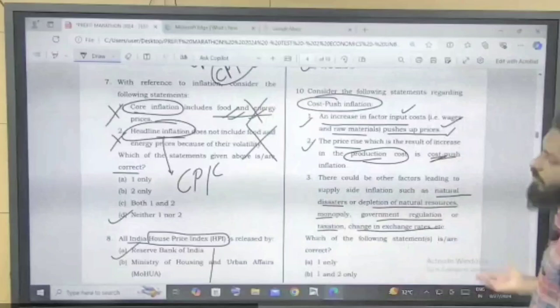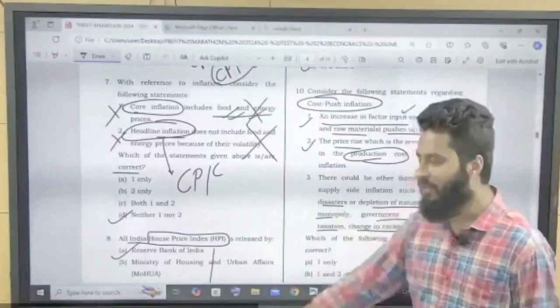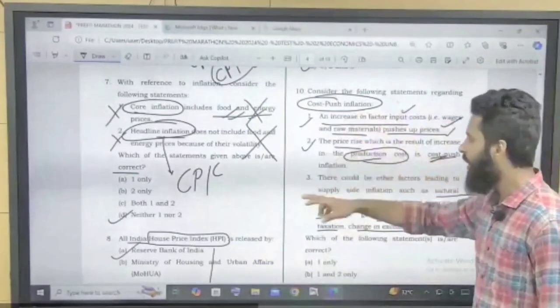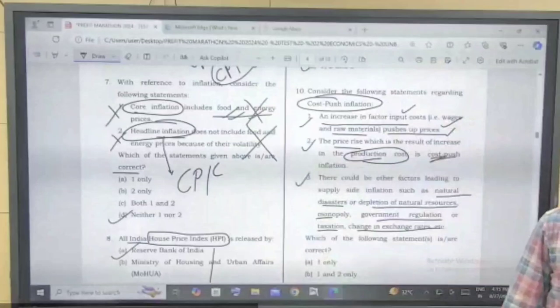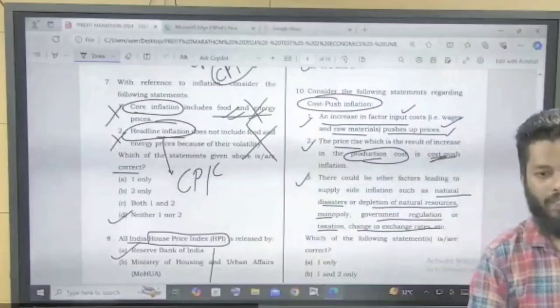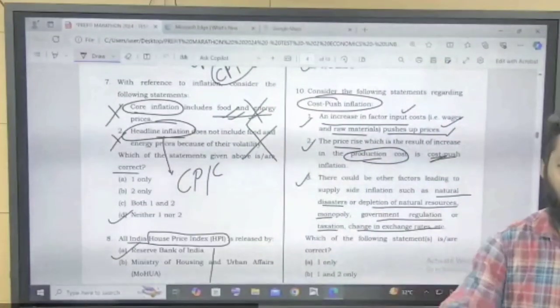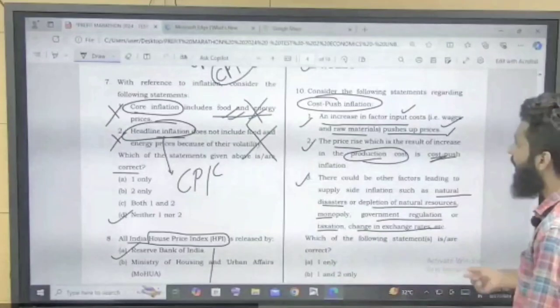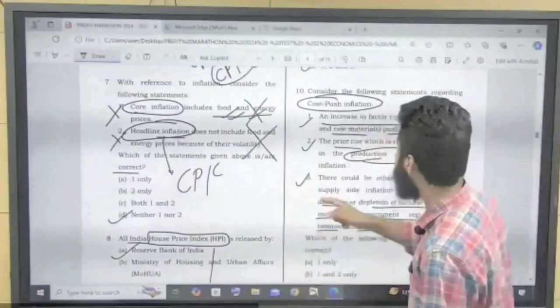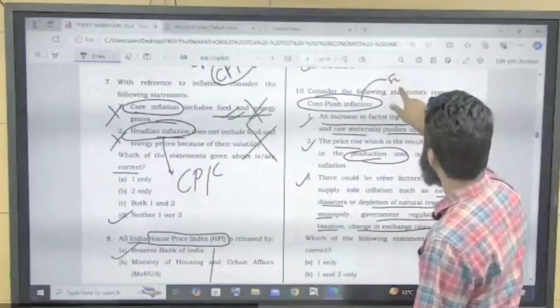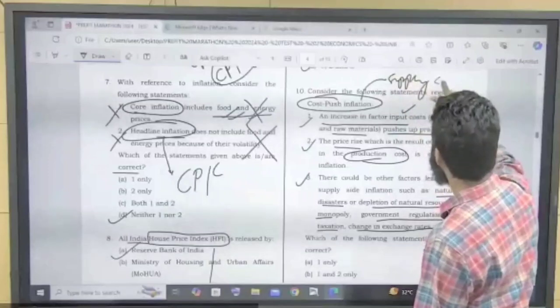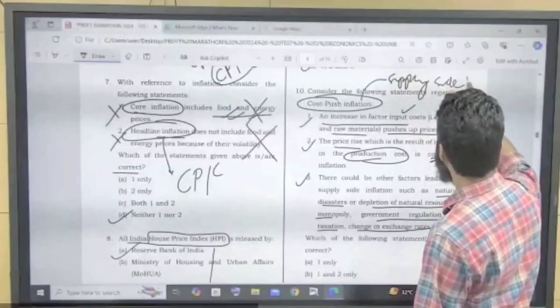These could be other factors which may result in cost push inflation. It is also correct. Anything happening at the supply side will result in cost push inflation. That's why cost push inflation is also known as supply side inflation.